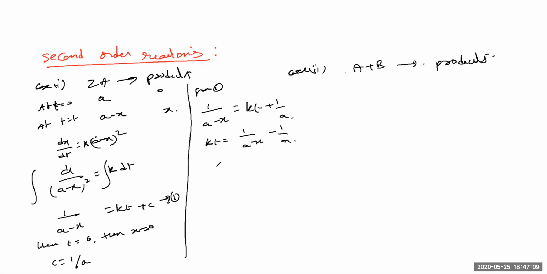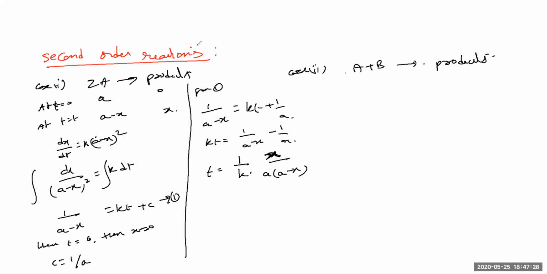By taking the LCM, finally we get t is equal to 1 by k into x by a into a minus x.